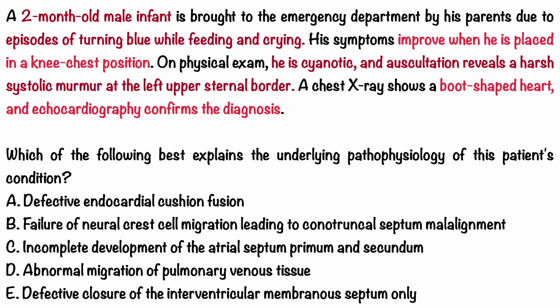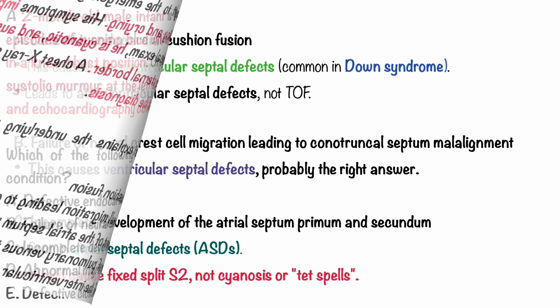The options are defective endocardial cushion fusion, failure of neural crest cell migration leading to conotruncal septum malalignment, incomplete development of the atrial septum primum and secundum, abnormal migration of pulmonary venous tissue, defective closure of the interventricular membranous septum only. You can pause the video and do the diagnosis, and then we will debunk each of these options, and we will talk about management and clinical features and pathophysiology in detail of the right answer, right? So here it is.